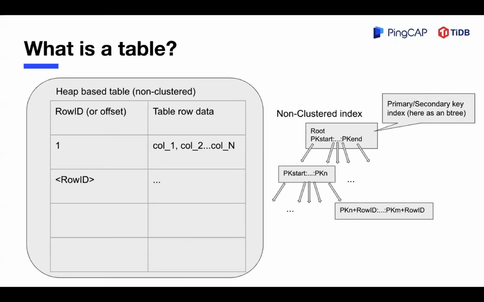We just store the data row by row. And to have some kind of control over the data, you normally have a primary key to ensure that you only have the same row once. You can also have a secondary key, so they would look just the same as a primary key. In the end, it will point to the row ID or the offset.